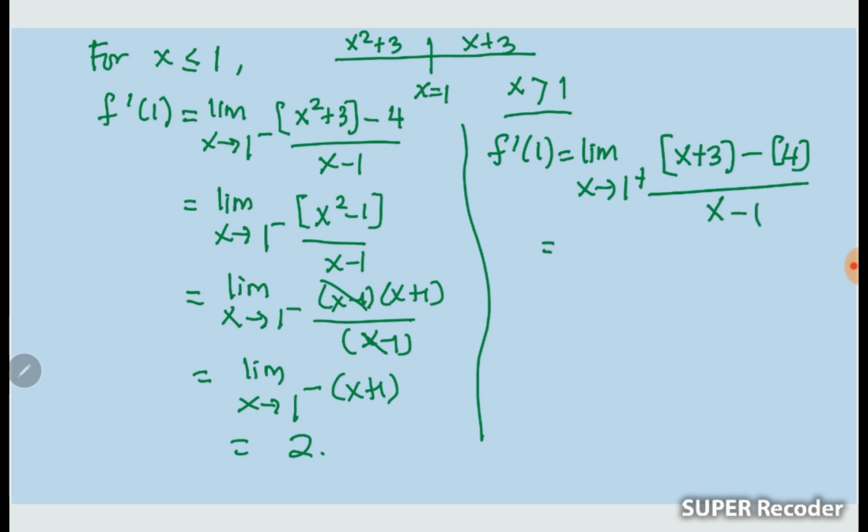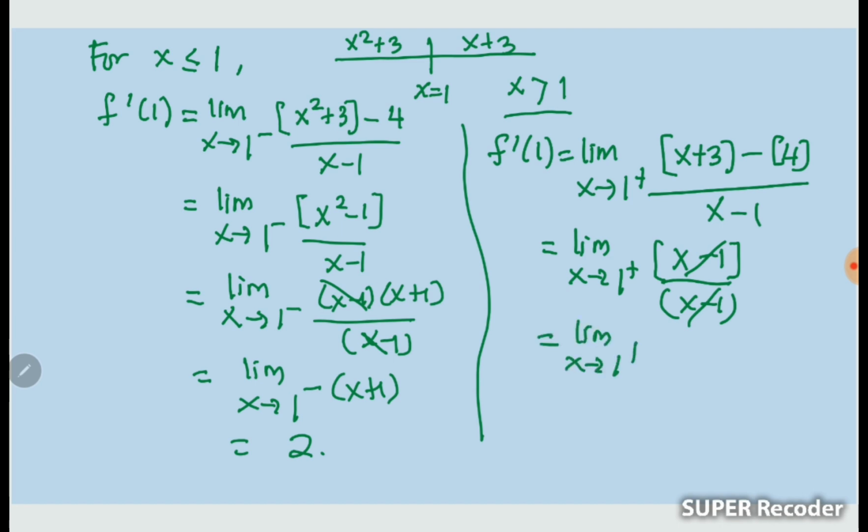So the answer is the limit when x approaching 1 from the right for x minus 1 over x minus 1. So cancel out x minus 1. So the limit when x approaching 1 from the right for 1 is equal to 1.